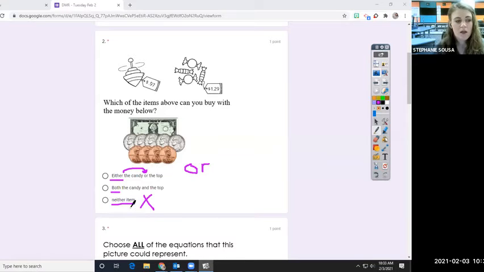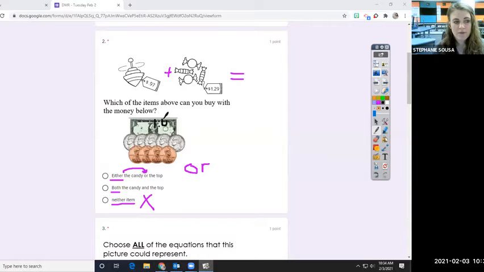Okay. One thing that I also think tripped you guys up is that if you can buy both, it means together. So you would add the 97 cents and the $1.29. Okay. So let's take a look at solving this here. Which of the items below can you buy with the money?